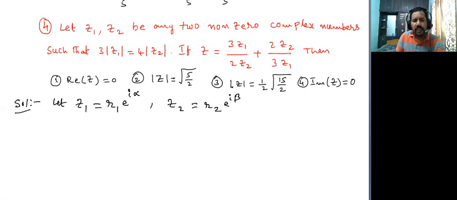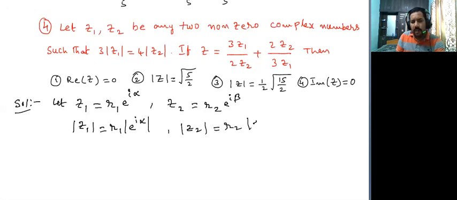What is mod Z1? Mod Z1 is equal to R1, a real number, R1 mod e power i alpha. Mod Z2 is also R2 into mod e power i beta.